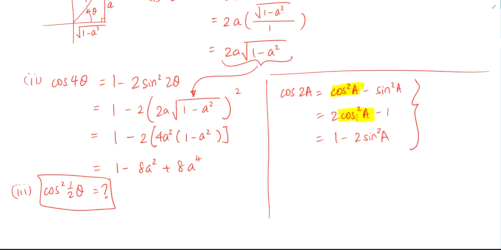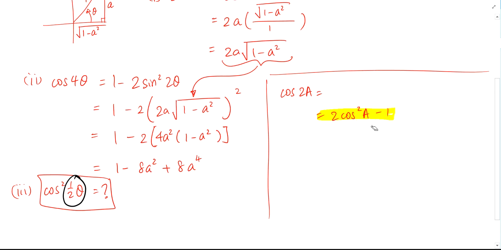The question is again, should I use option number 1, where it includes sine squared A, or should I choose option number 2, where it is just cosine squared of an angle minus 1? The answer should be clear to you: we will use option number 2. This is the one that we're going to use because I don't have to deal with a sine squared of an angle. If I want cosine squared half theta, I want to replace the A over here with half theta.